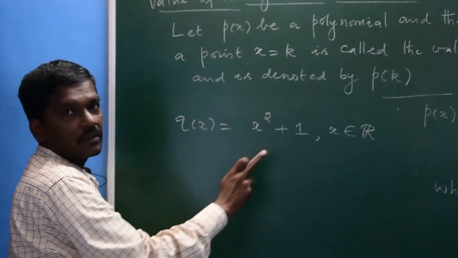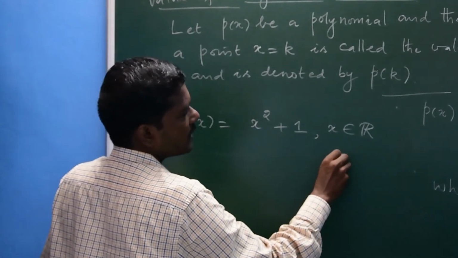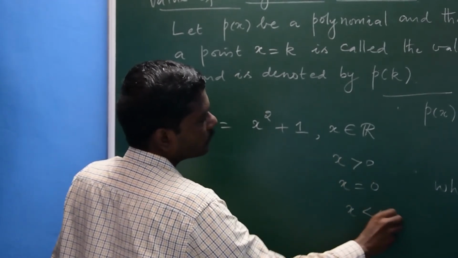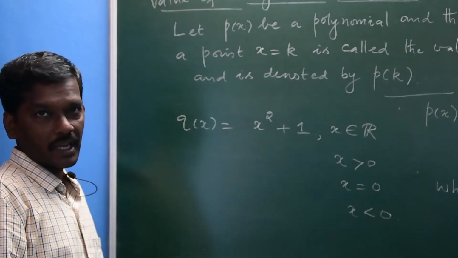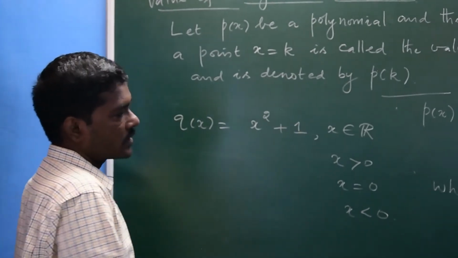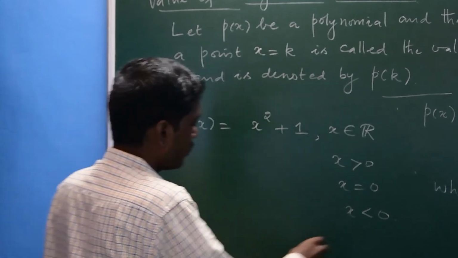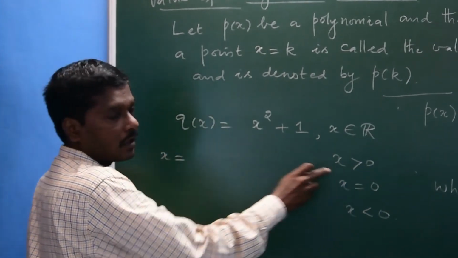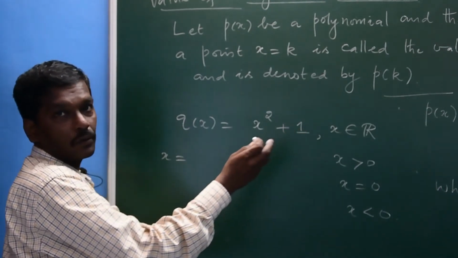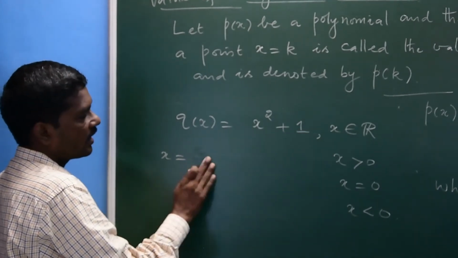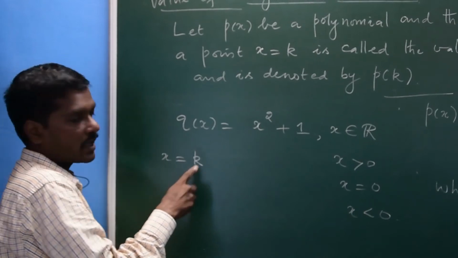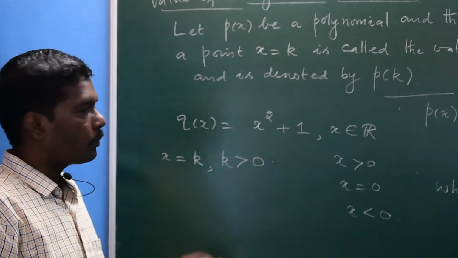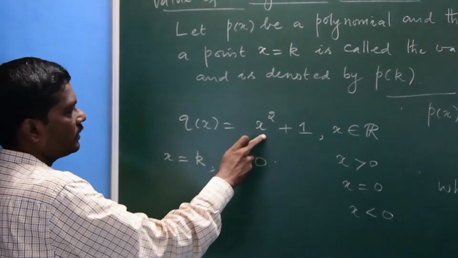The real number means x can be positive, x can be 0, x can be negative. Now let us take any positive value, x is equal to k, where k is greater than 0. Okay? K is positive. What will happen?